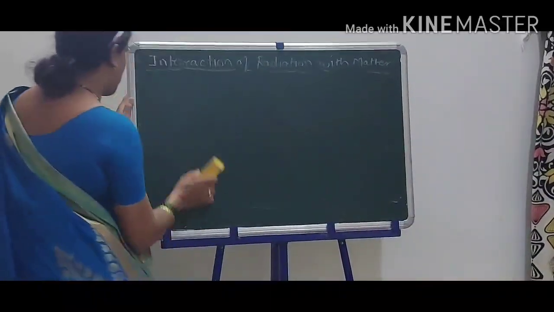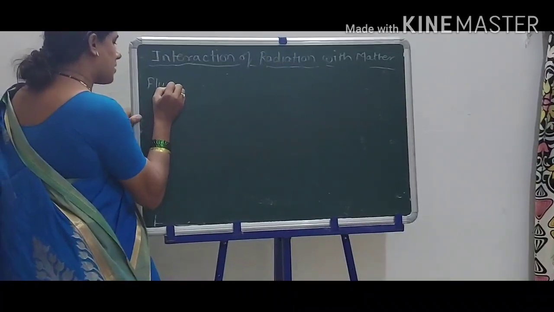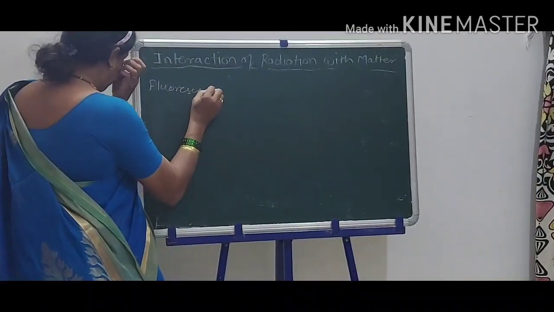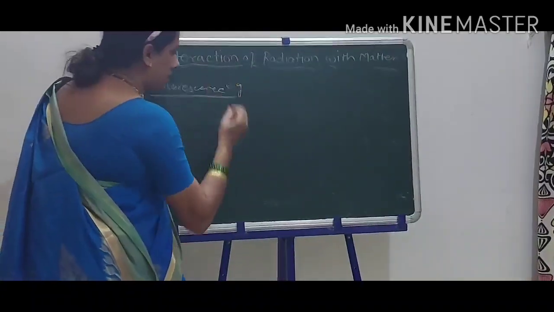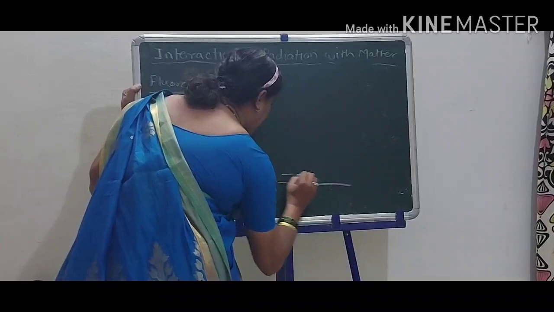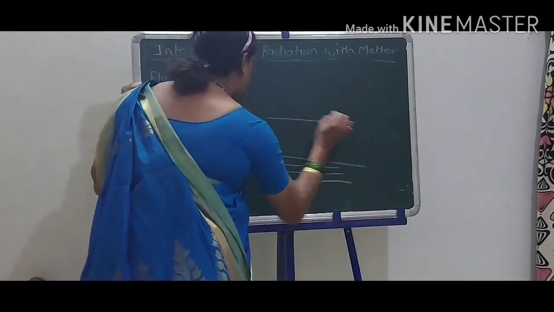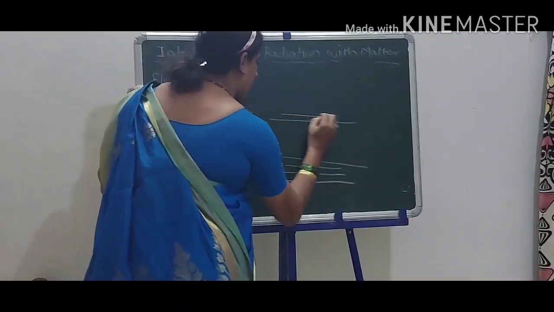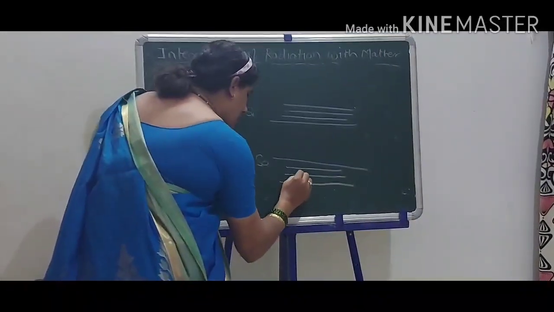Here I can draw some diagram. What is meant by fluorescence? Suppose the energy level diagram. This is S0 and this is S1. Suppose these are the electrons.